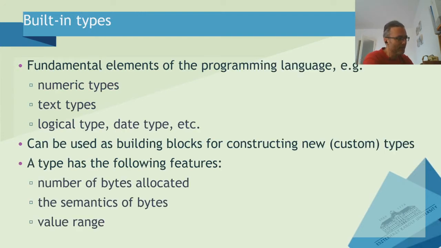Okay, let's start with something you already know, or partly already know. You already know that in programming languages there are numeric types, for example, int. There are text types such as string in C sharp, and also there is a logical type in C sharp. This is the bool type. But also there are further types in programs.